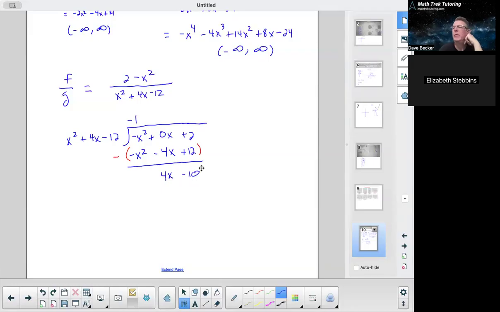We're actually done with this because there is nothing times x squared that gives us 4x, right? So that's our remainder. So the answer is negative 1 plus the remainder, 4x minus 10, over the divisor.